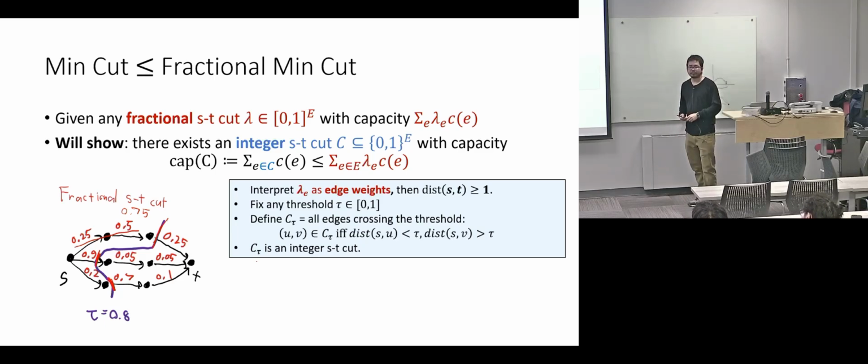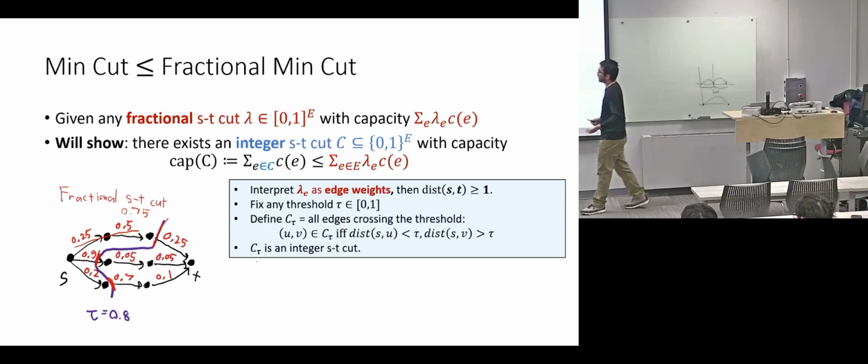Why is that? Because for any tau, once you remove C tau, there cannot be any S-T path left. Make sense?